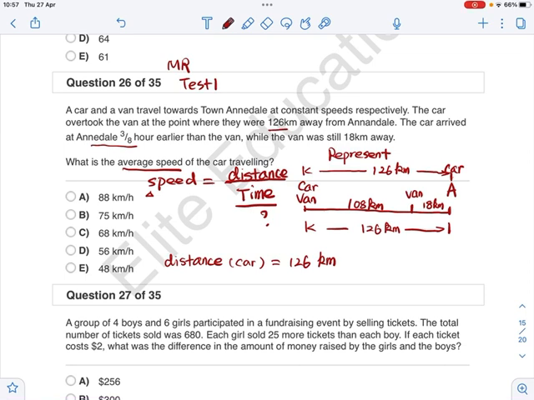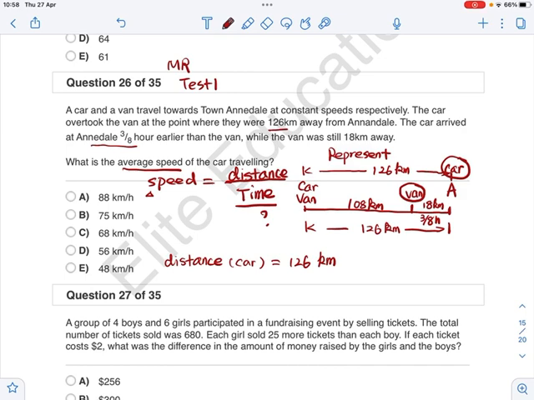We know that the van is 18 kilometers away and the car arrives 3/8 hours earlier than the van. What does that mean? It means when the car arrives at Annandale, the van is still 18 kilometers away, so the van still needs 3/8 hours to arrive at Annandale.